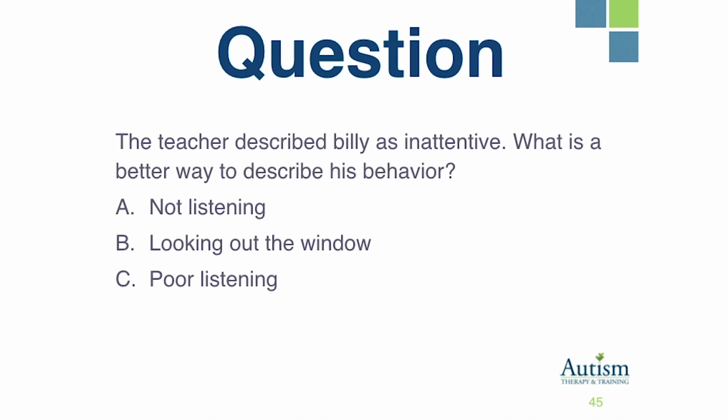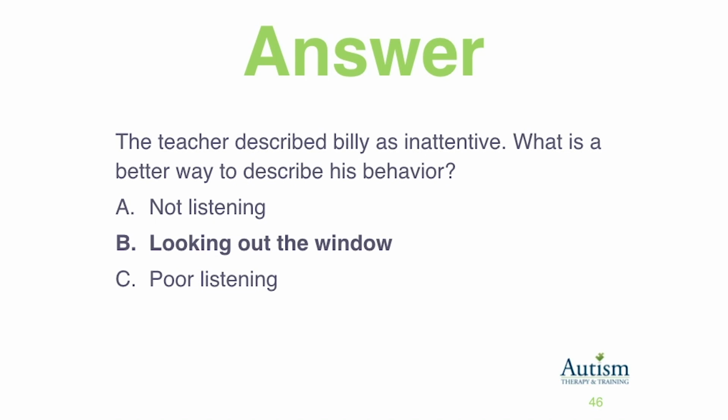What is a better way to describe his behavior? A, not listening. B, looking out the window. Or C, poor listening. And the correct response is B, looking out the window.